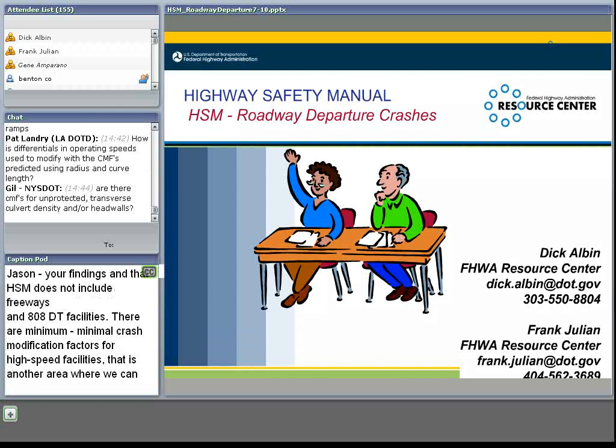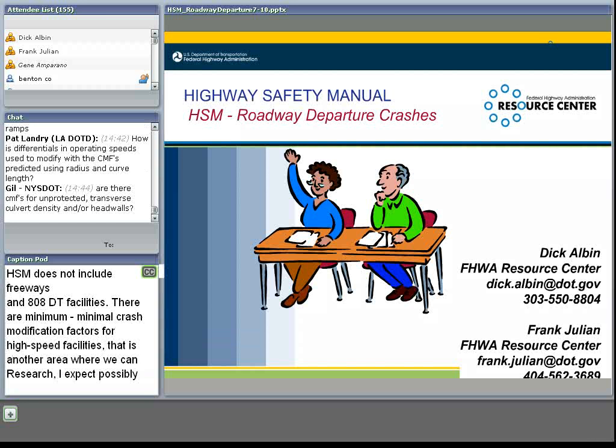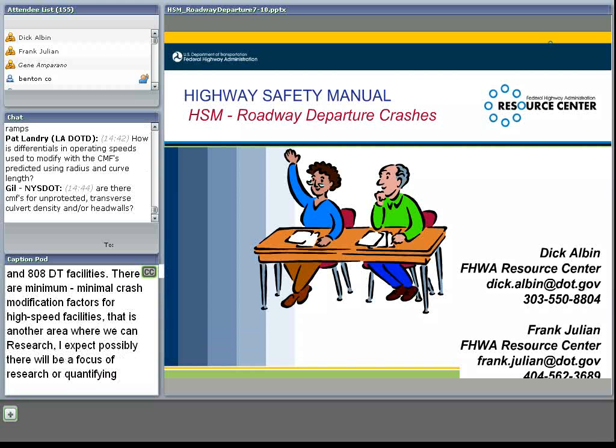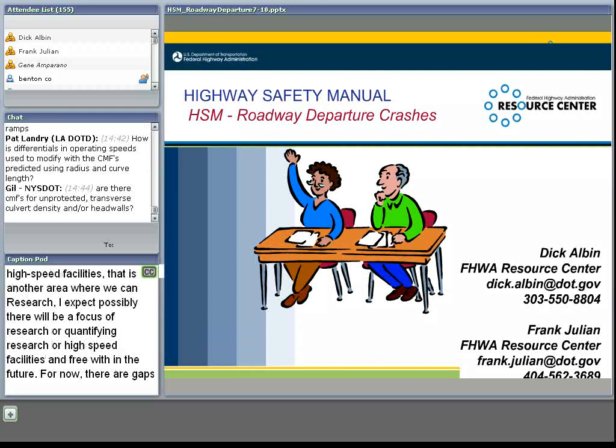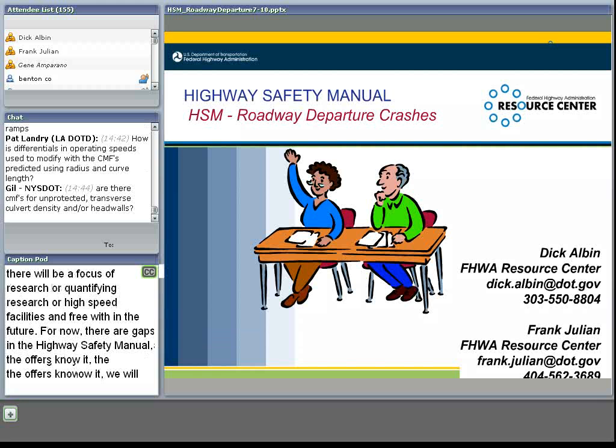I expect possibly there'll be a focus on quantifying research in more high-speed facilities, multi-lane facilities, and freeways in the future. But for now, there are gaps in the Highway Safety Manual. The authors know it, the researchers know it, and we're just trying to address those as more research becomes available.